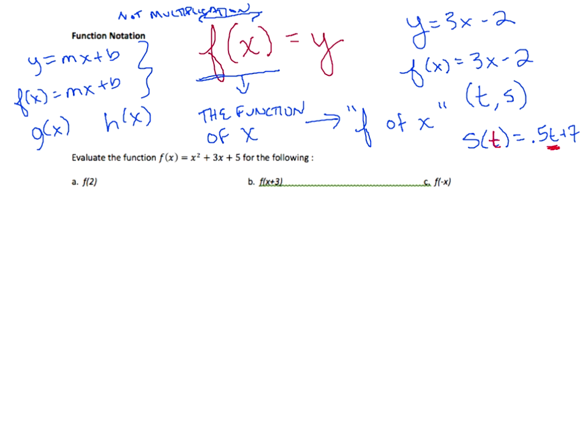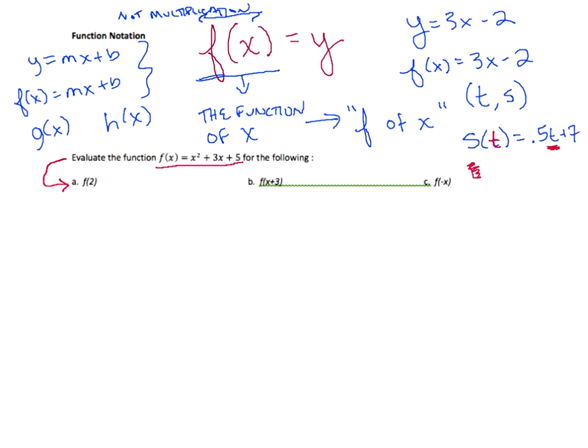So if I have something like, whoa, that was bad. Actually, we'll just go to this example down here to talk about that. So here's my function. f of x is x squared plus 3x plus 5. That is a quadratic function.